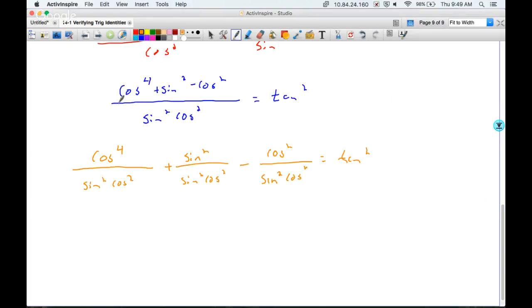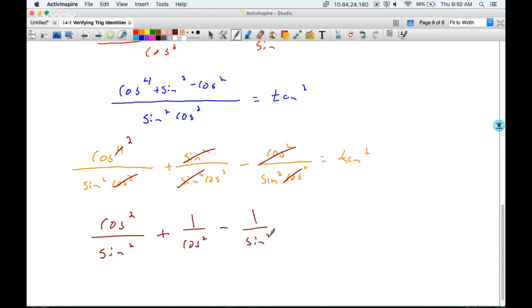All right, two of these can cancel with that. This can cancel with that. This will cancel with that. Now what do I have? I've got cosine squared over sine squared plus 1 over cosine squared minus 1 over sine squared.